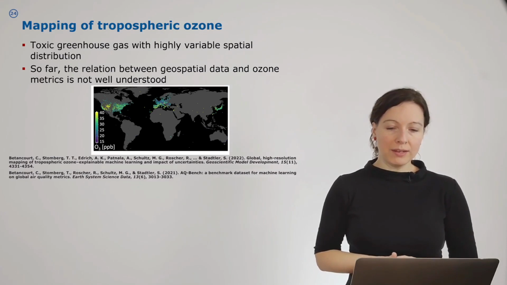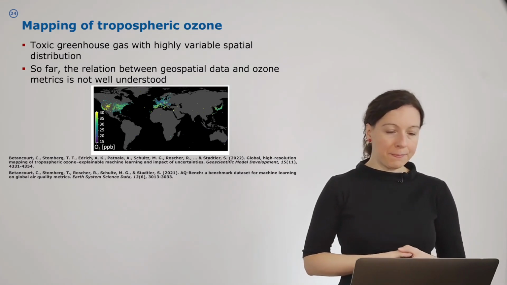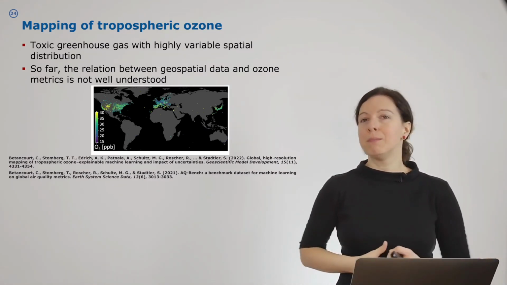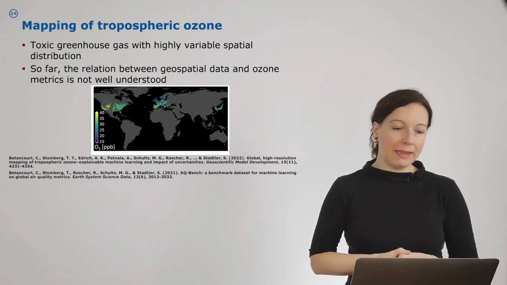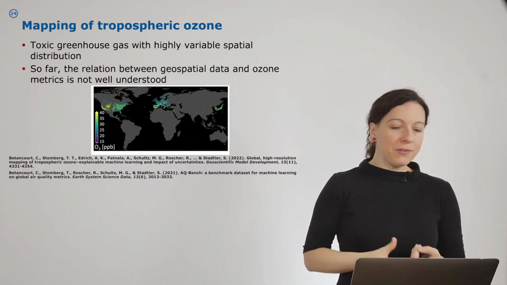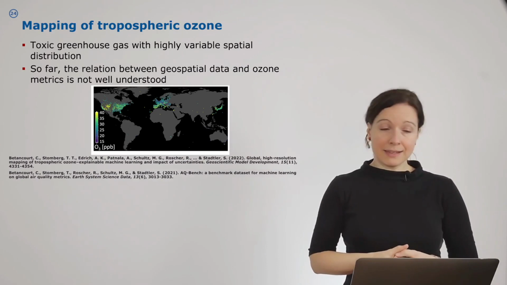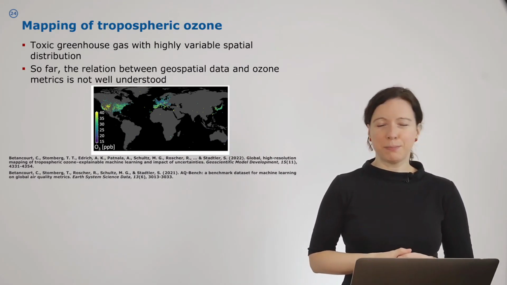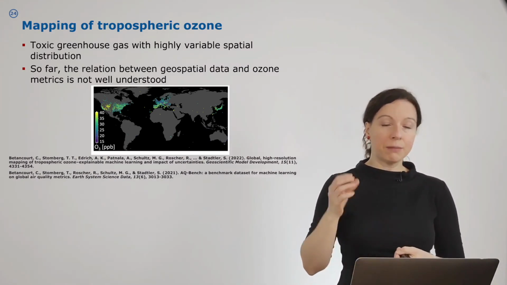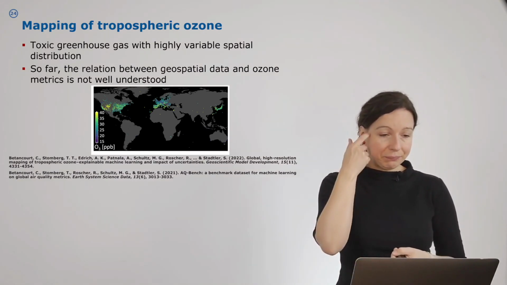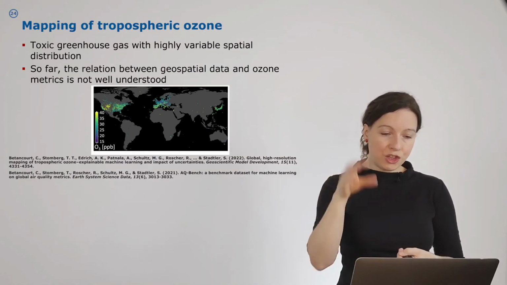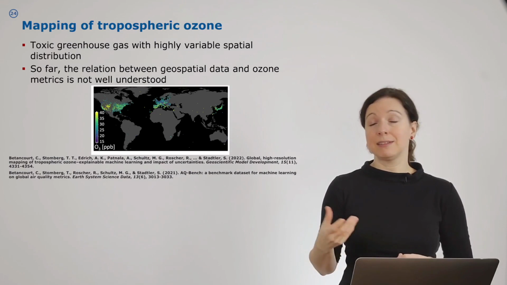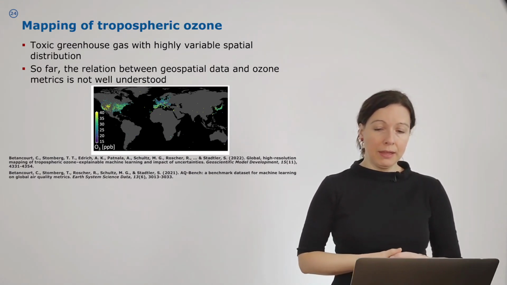And to give you one example, let's assume we want to map tropospheric ozone. Tropospheric ozone is a toxic greenhouse gas with highly variable spatial distribution. And the problem is that so far, the relation between geospatial data and ozone metrics is not well understood.